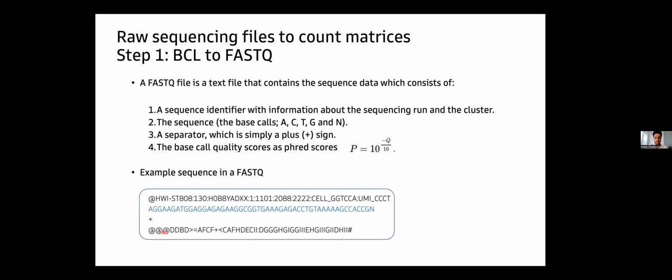You can just convert it using a tool that converts ASCII to digits. And then this will tell you about the quality of this read here. So that's what a FASTQ is. And this is a universally shareable format of storing read sequences.